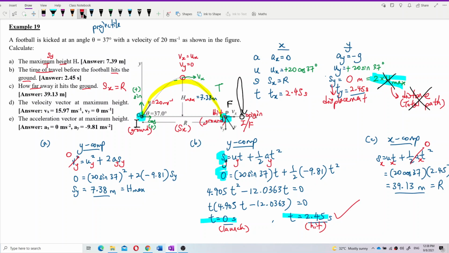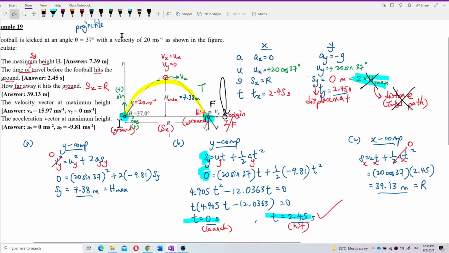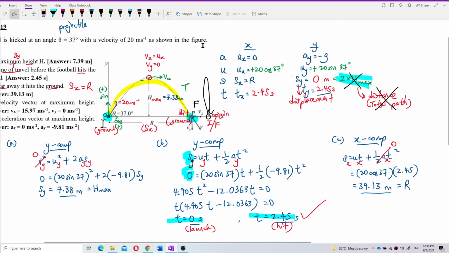Our Sx is 39.13 meter. So actually, we also can write that down already over here. Our range, we got 39.13 meter. So you see, we got so many information already. Later on, if you want to find anything else, very easy.